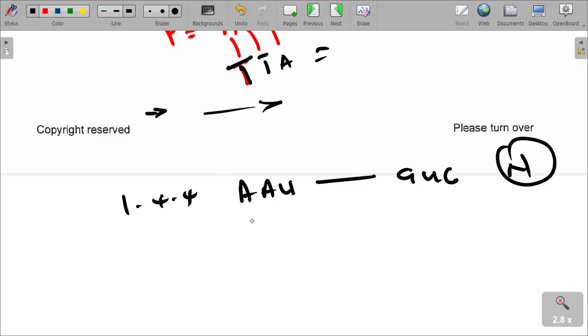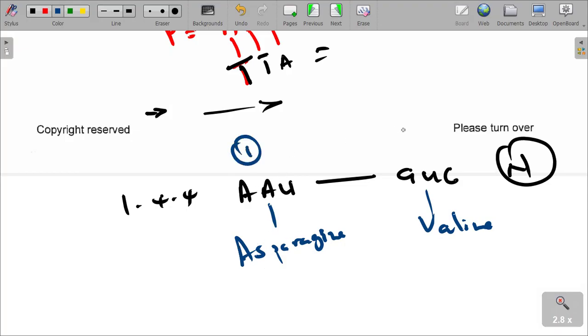AAU represents asparagine, and GUC always represents valine. So when you read it from left to right, they want you to give these as the answers: this is 1 and this is 2.